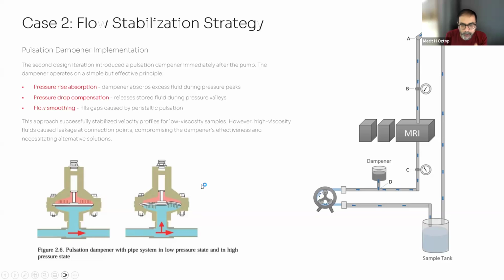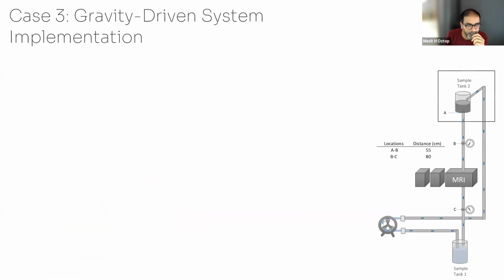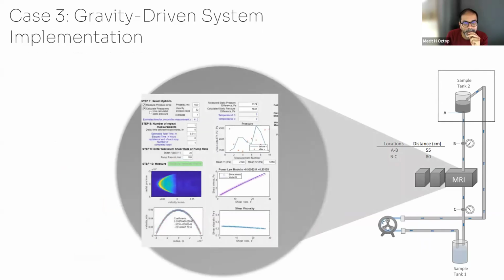Of course, we could have integrated some other designs, but we wanted to select another solution. So what we did was design a gravity-driven system. Rather than the reservoir pumping the fluid from the bottom, we also put a reservoir at the top.